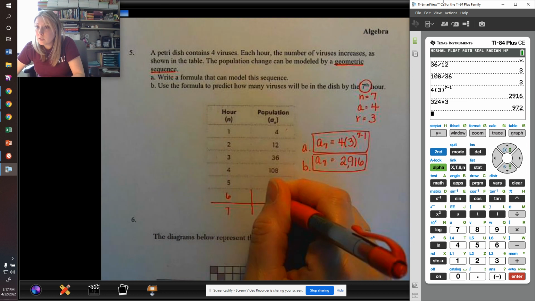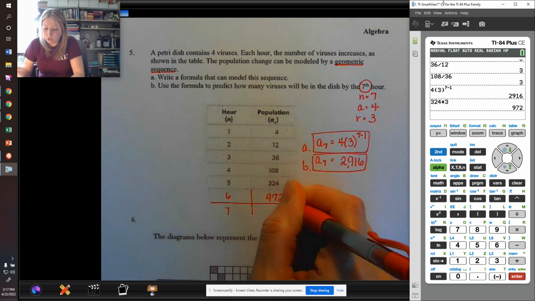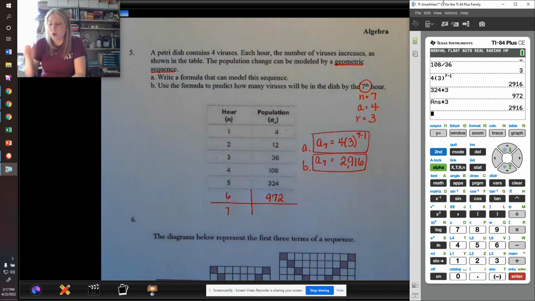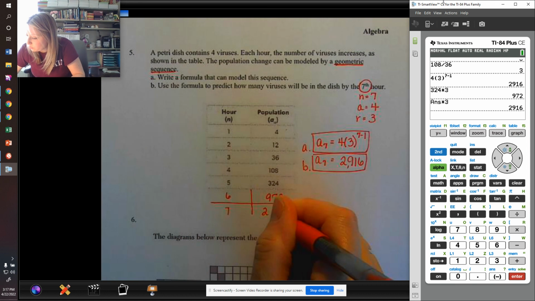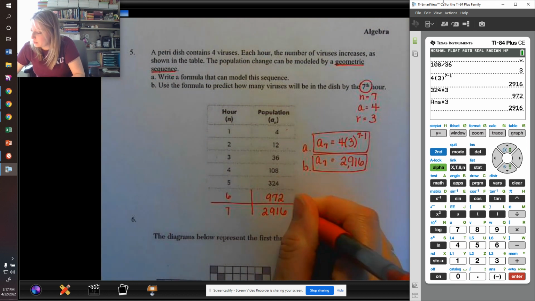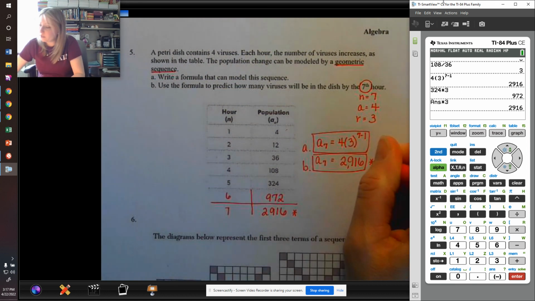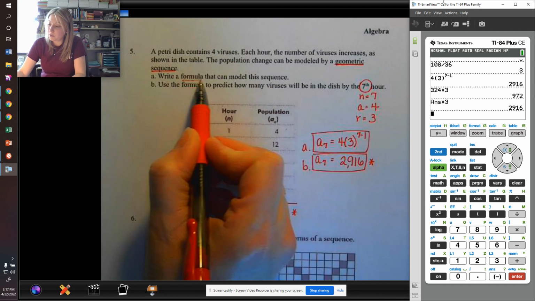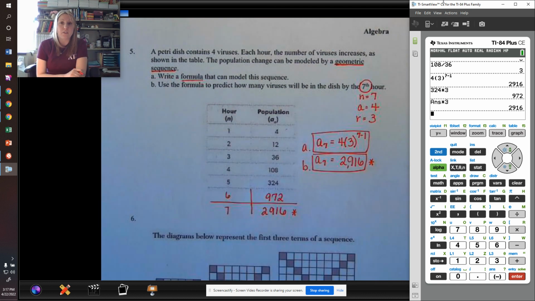Okay. And I'll take 972 and I'll multiply by 3. Oh, good. So that's my double check that I did get the same answer, but this did specifically ask me to write the formula, so to model the sequence. So I had to use that to give me my final answer.